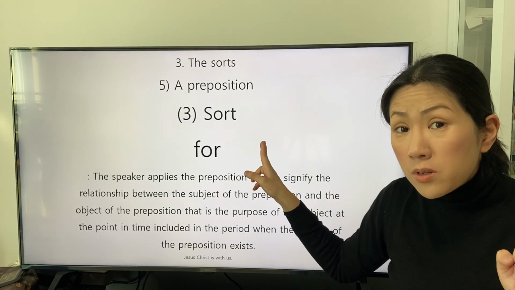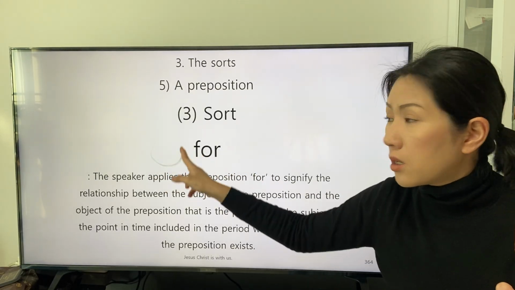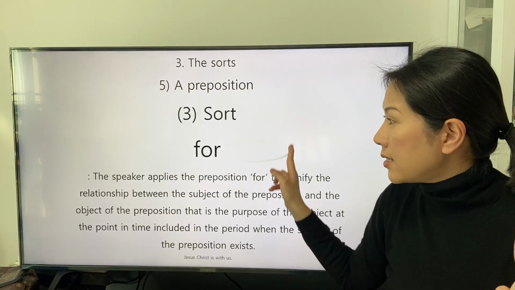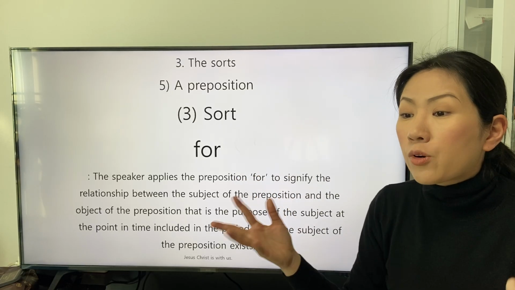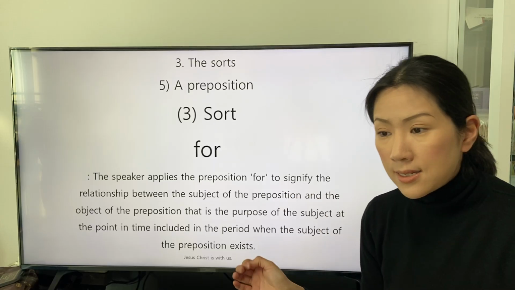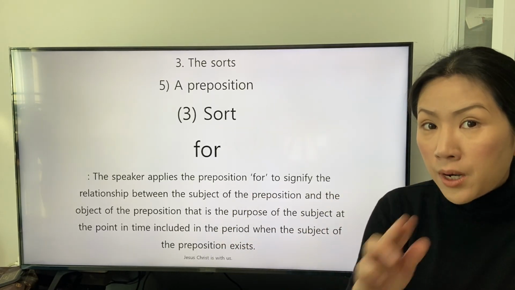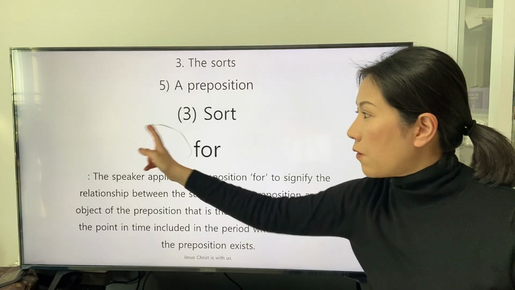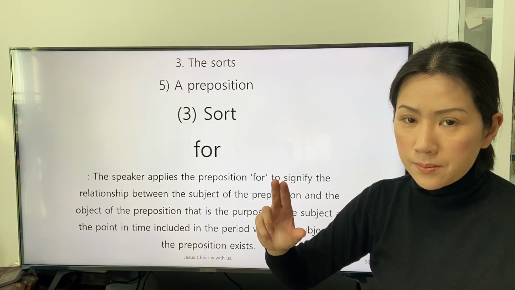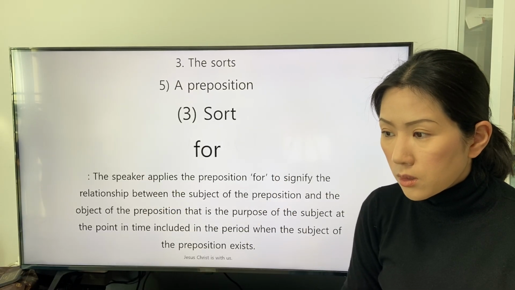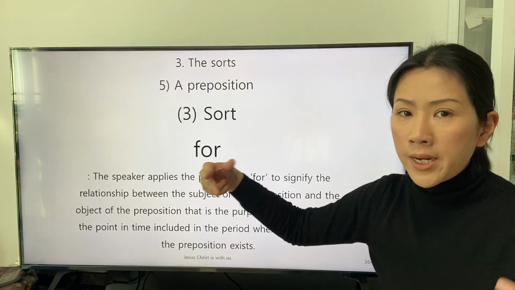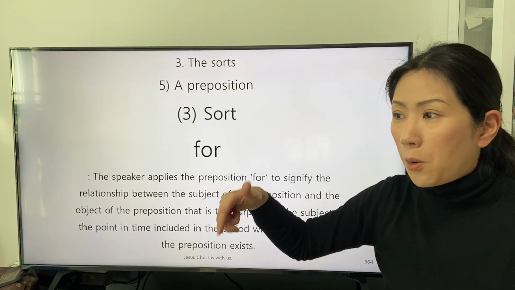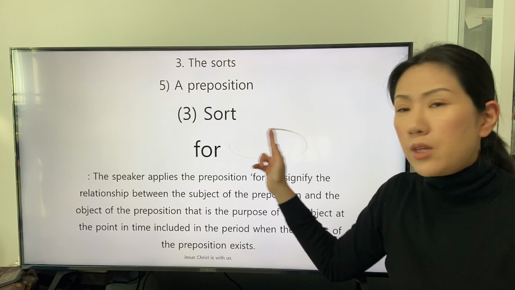And the purpose of the subject that is indicated by the object of the preposition for is described to exist included in the period when the subject of the preposition for exists. So we can understand that the subject already actualizes the purpose indicated by the object.